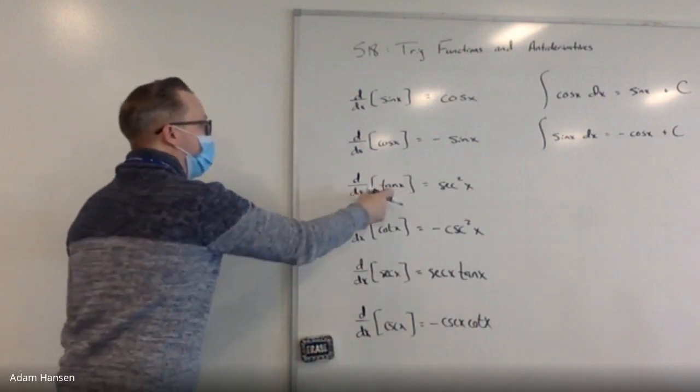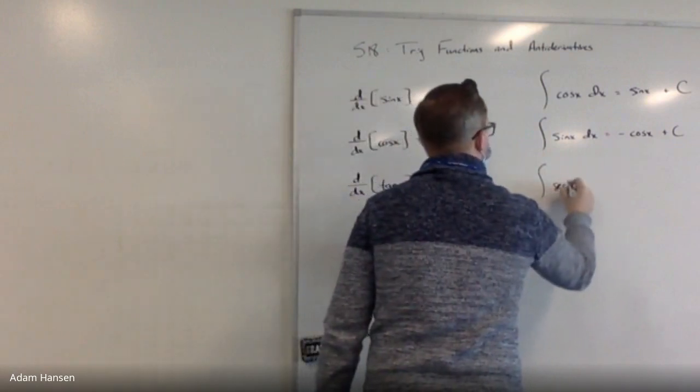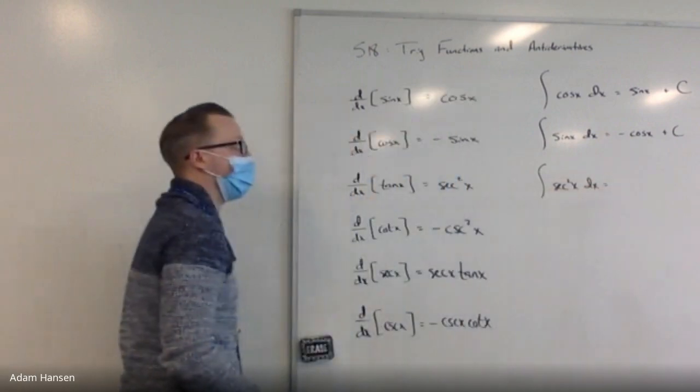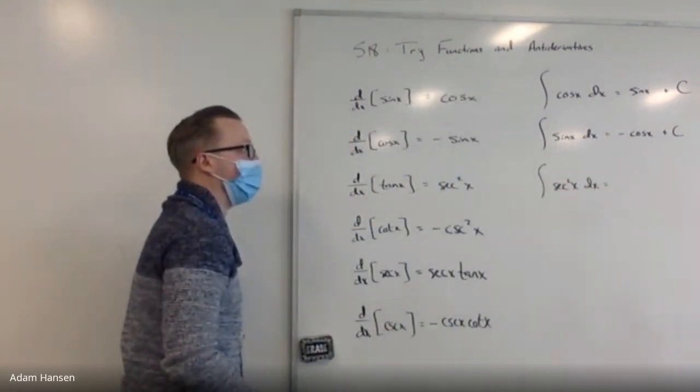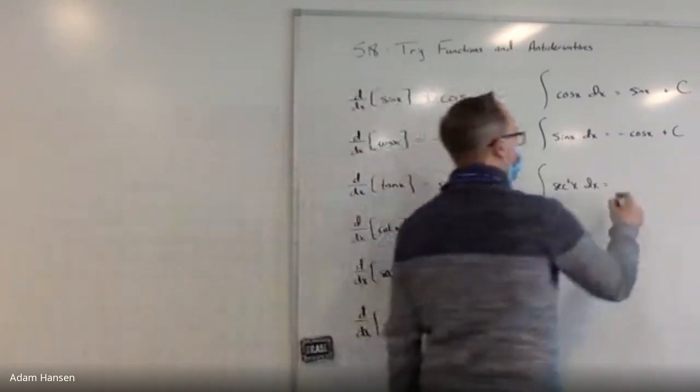The derivative of tangent x is secant squared x. So what is the antiderivative of secant squared x? Don't think too hard, it's kind of up on the board. It's got to be tangent. Tangent x plus c.